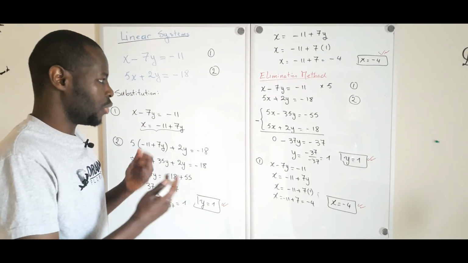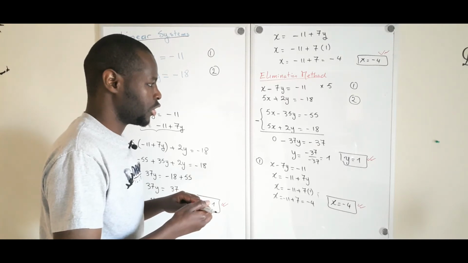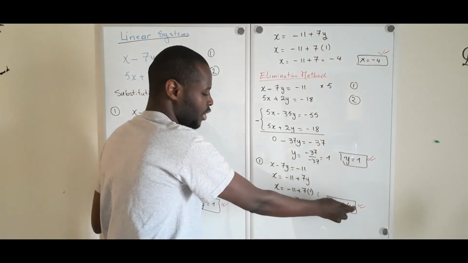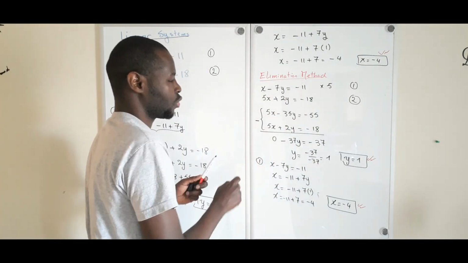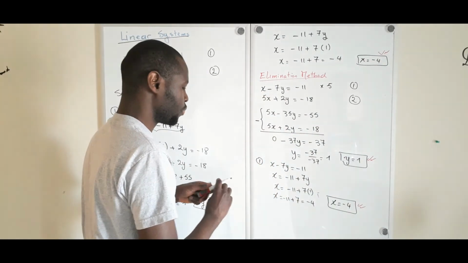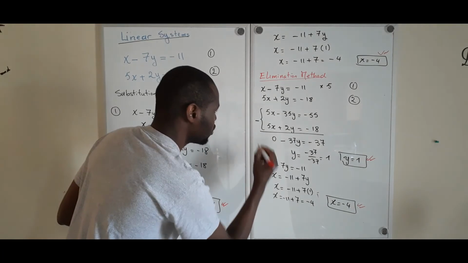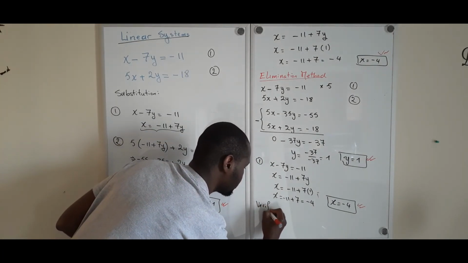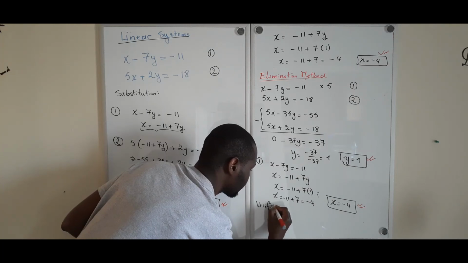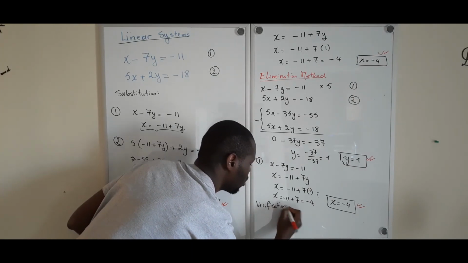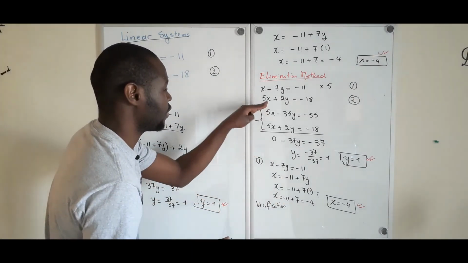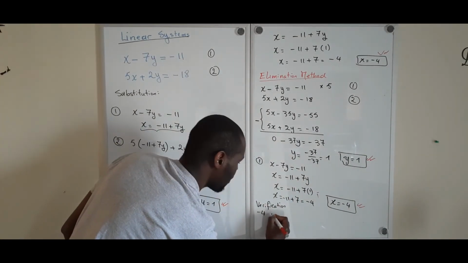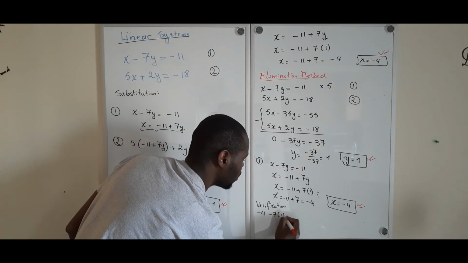It's good to always double check your answers as well. What you can do is take the value of x and the value of y, put them in one of these equations, and see if it holds true. So you can go ahead and do that here. I will call this step a verification step, where I put the values of x and y in there. So x is negative 4, minus 7 times y, which is 1.